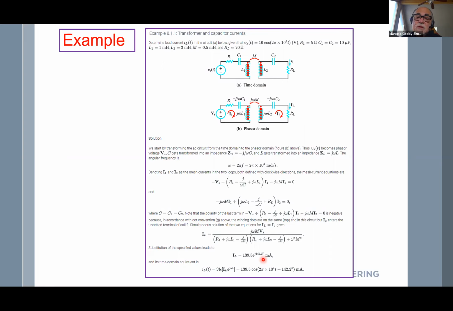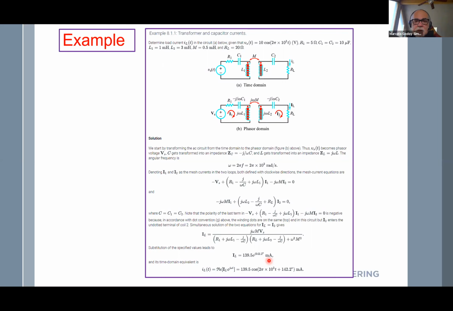If you solve this in a calculator and you have your IL in the rectangular form, that means you have a real plus imaginary multiplied by J, you have to convert to the polar form because the only way to express your time domain equation is from the polar form.